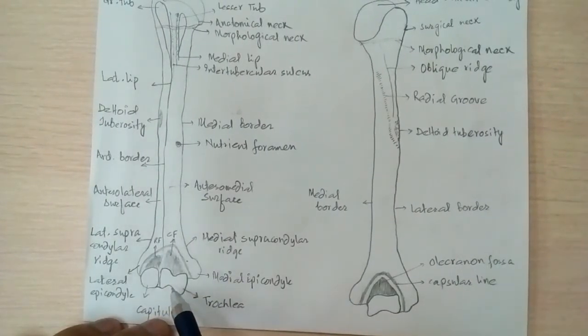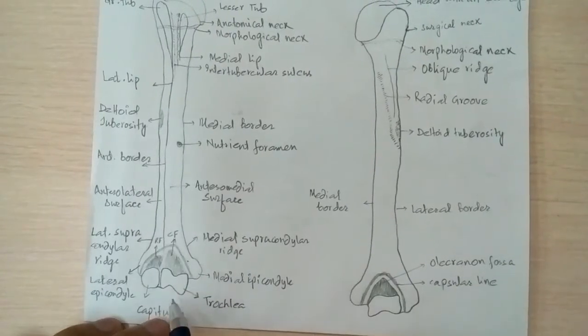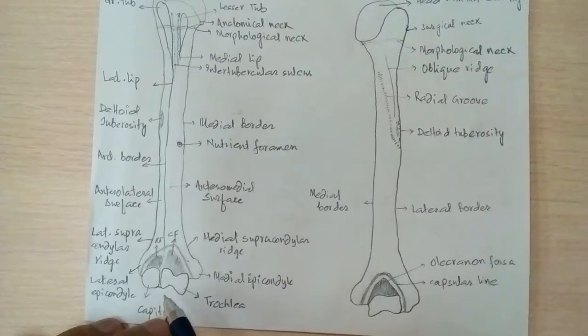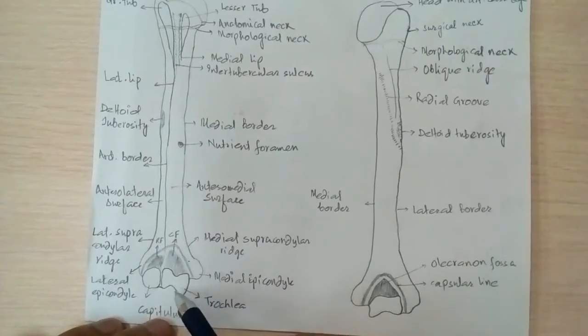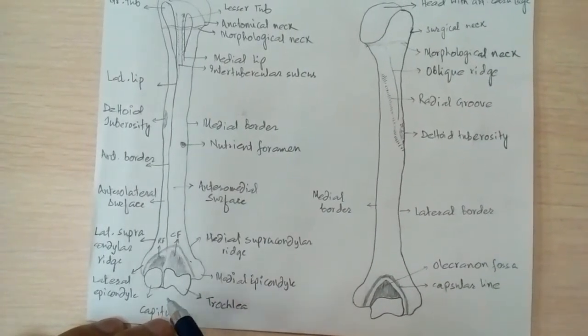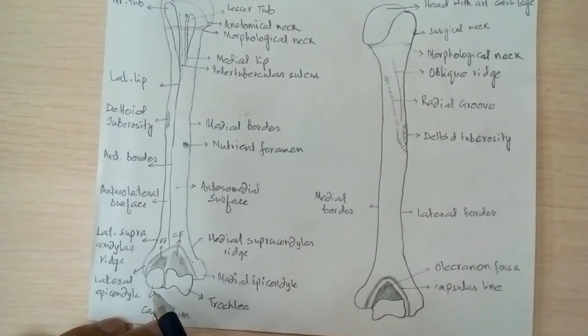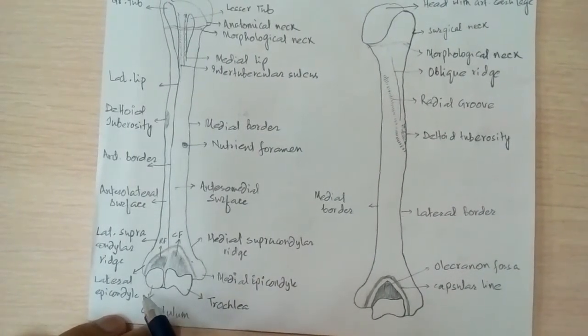This is an important joint of the upper limb. It's very easy to remember that: the trochlea articulates with the trochlear notch of the ulna, and the capitulum articulates with the radius.